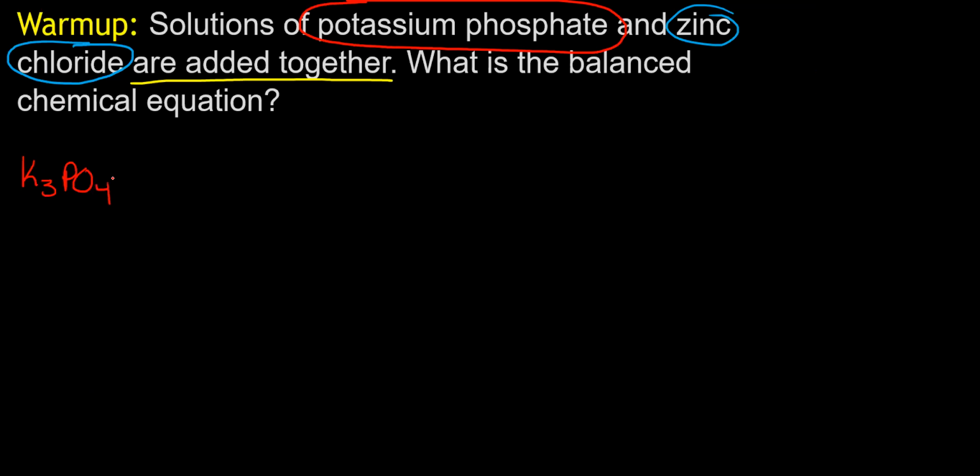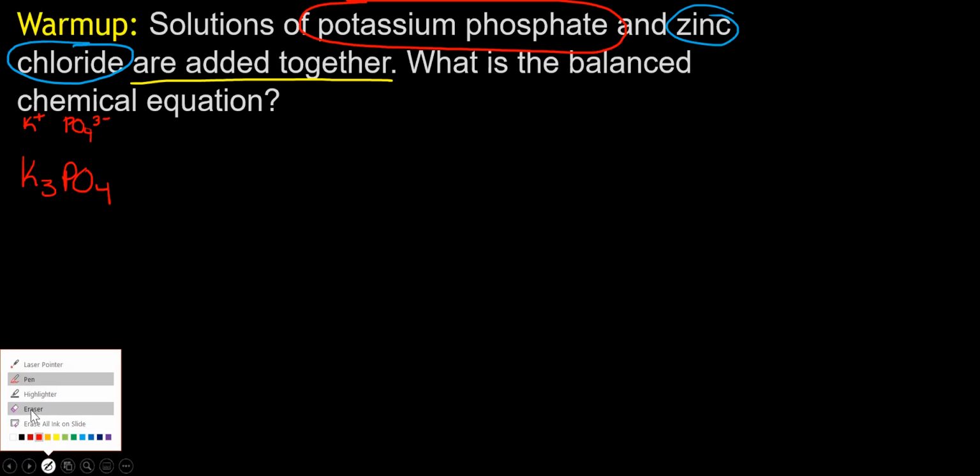Yeah, so we know that there's a potassium, so I looked at my oxidation numbers and I saw that potassium had a charge of 1+. And then I looked in my reference packet for phosphate and I saw that phosphate had a charge of 3-.